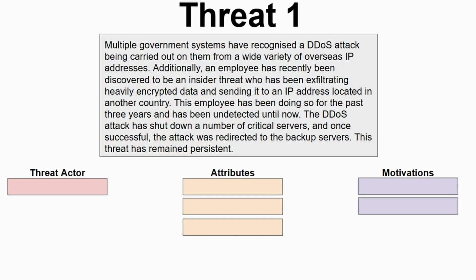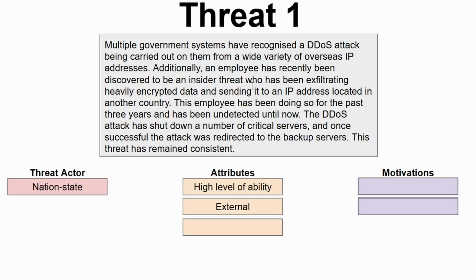Because we have to make that choice, the overall threat is coming from overseas. Despite the fact that we have an insider threat, the overall threat is coming from overseas. So the threat is being targeted from overseas, which is external. It's the most correct answer there. It would be understandable if you put internal. That one is quite confusing and was kind of there to trip you up.